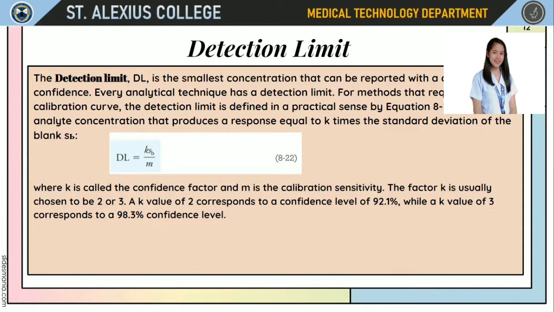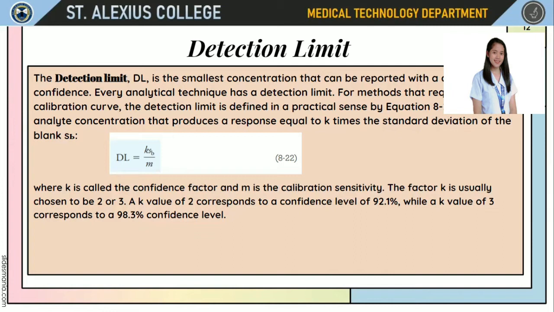It is the analyte concentration that produces a response equal to K times the standard deviation of the blank, Sb. In this picture, the DL, or detection limit, is equal to K Sb over M, where K is called the confidence factor, and M is the calibration sensitivity.